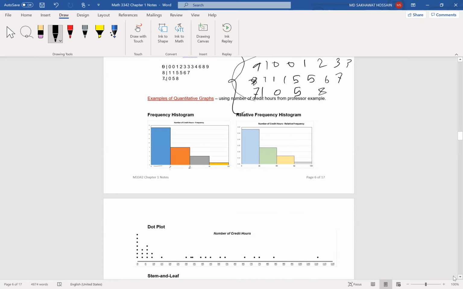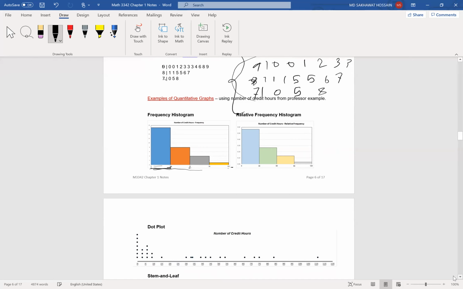So the horizontal axis represents the groups, the data values, and the vertical axis represents the corresponding frequency. The first group is 0 to 29. And in a histogram, the bars are adjacent, so there is no gap between the bars.